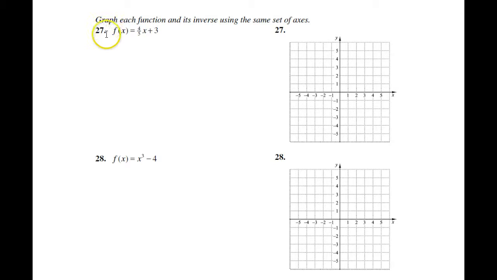For number 27, as we graph the function and then its inverse using the same graph, keeping in mind that throughout this, we're going to have the axis of symmetry, which is right here, that will make a dotted line. And the inverse will be the reflection of this. So let me set this up for you.